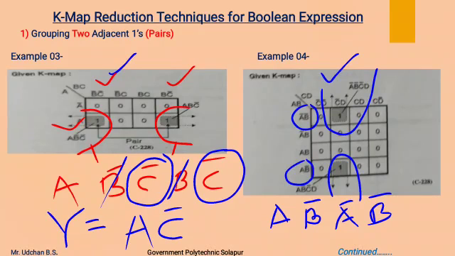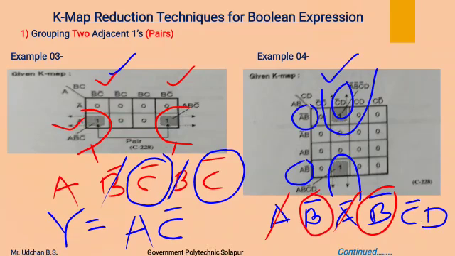After that, the remaining term related to our pair is this one, that is C bar, D. Now out of these, A bar and A get cancelled, this B bar and this B bar will give a single B bar, so the end resultant equation will be B bar, C bar, D.